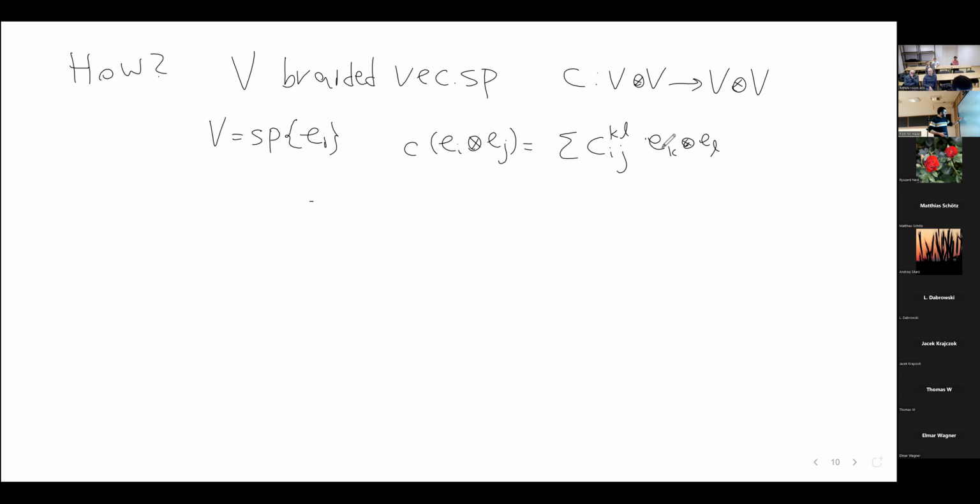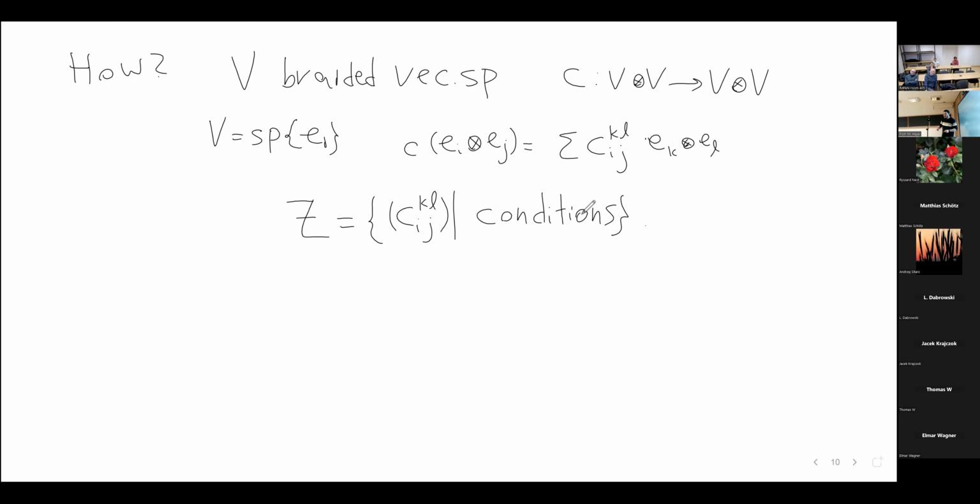Okay, so I can look at Z, which is the set of all c_ij^kl. And I will not write the exact polynomial equation, but I will just write it as conditions. So what happens here? Now comes the question, is it really true to say that any point in Z is the same as a braiding?